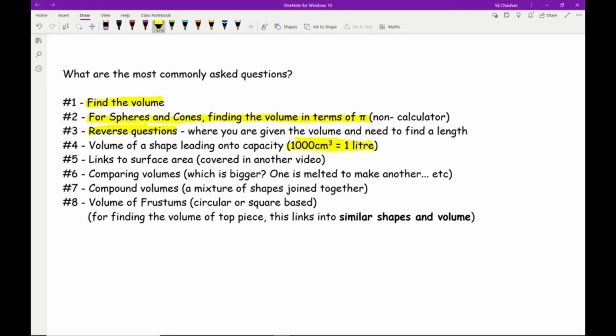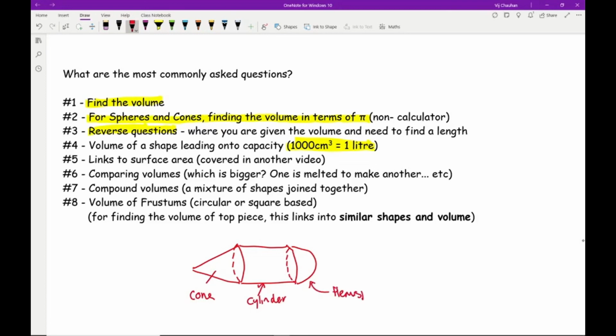The next one is compound volumes. There's a mixture of shapes joined together. For example, you might need to excuse my freehand drawing of this. You could have a shape where we've got a cone, a cylinder, and a hemisphere.